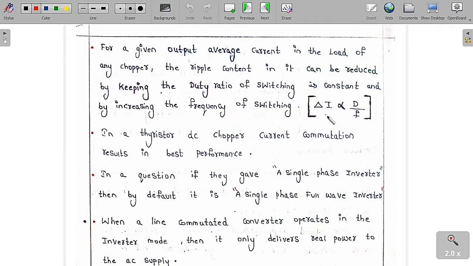So if you want to decrease the ripple current in the chopper, the ripple current is directly proportional to D by F. So keep the duty ratio constant, increase the frequency of switching, and with this we reduce the ripple content.